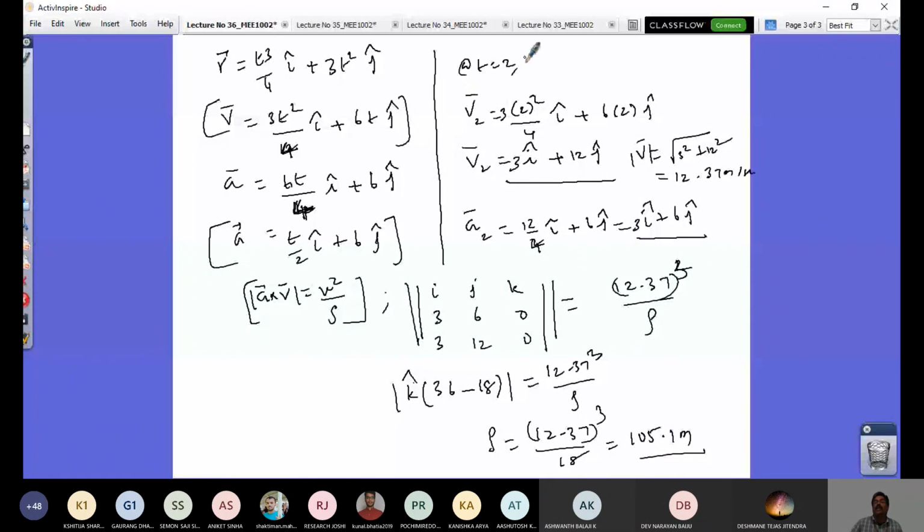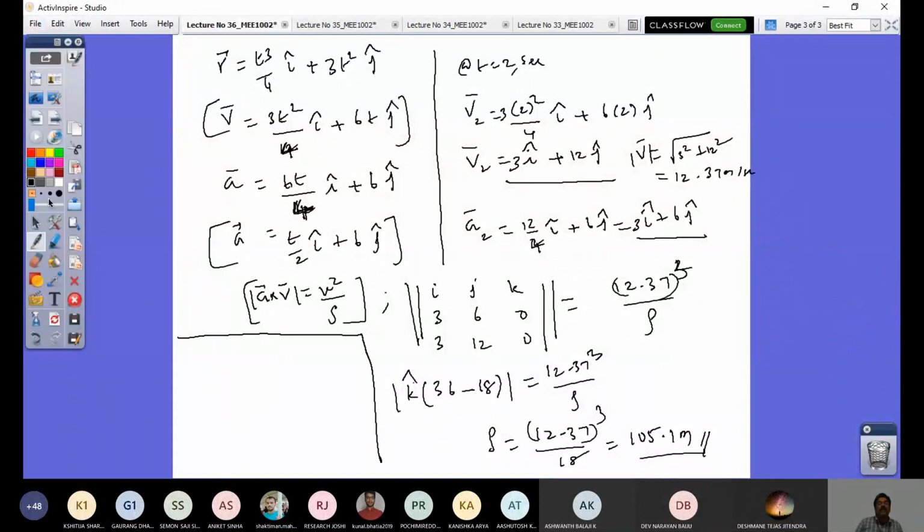So at the next time instant this will be varying because your velocity and acceleration are varying as a function of time. So once you have this rho, it is easy for you to calculate the n and t components. So how do you get n and t components? You have a_n is v squared by rho.